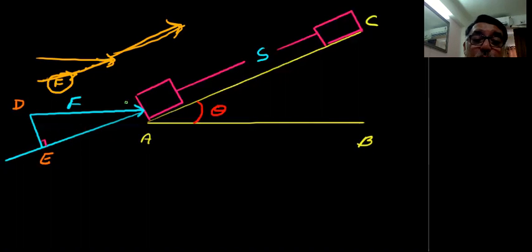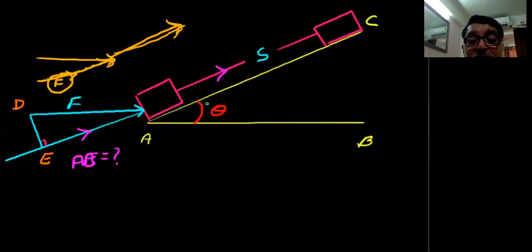Now in that case, this is our force, AD is our force, and we are going to extend the line AE, which is in the direction of the displacement. So the direction of AE and the direction of the displacement is exactly same. So we have to find the component of force, AE.